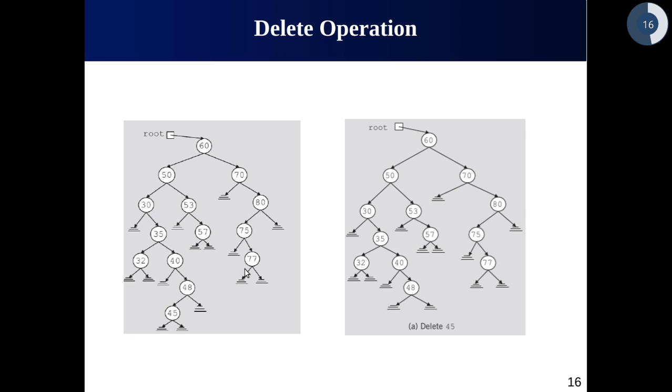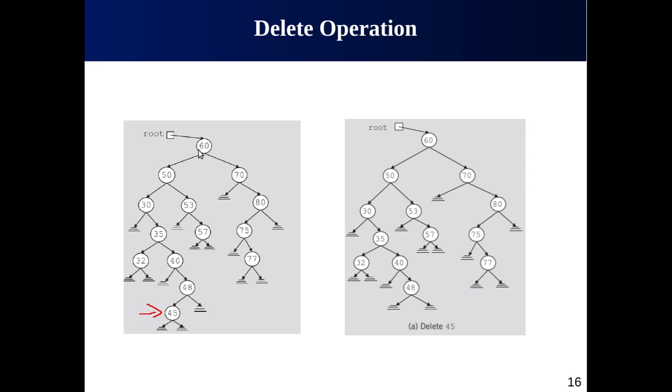Let us see an example of each case. First, in this example, you can see a binary search tree. This is actually the same tree. Suppose we want to delete node number 45 from this binary search tree. The first thing is that you have to search the binary tree.